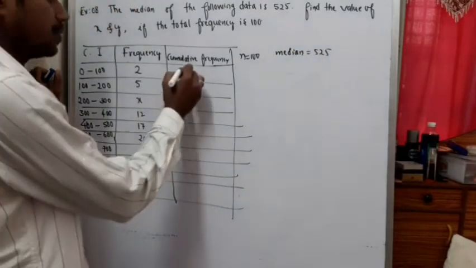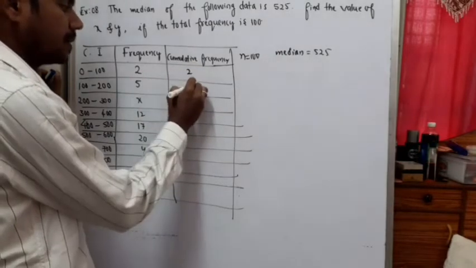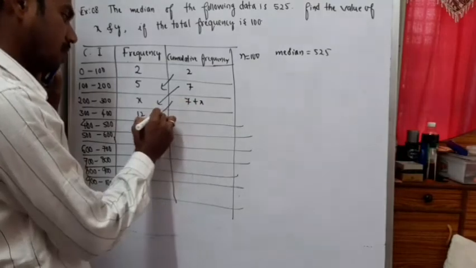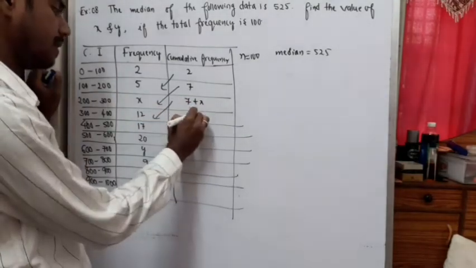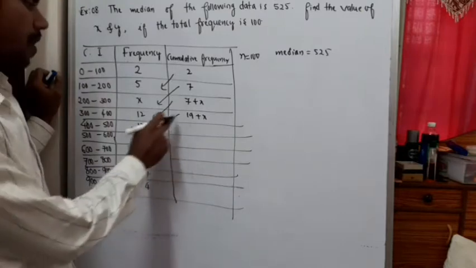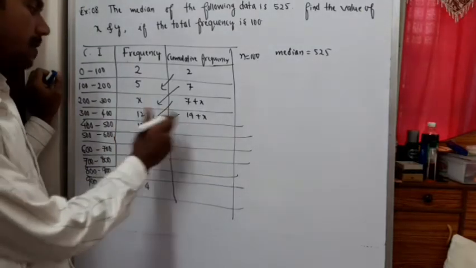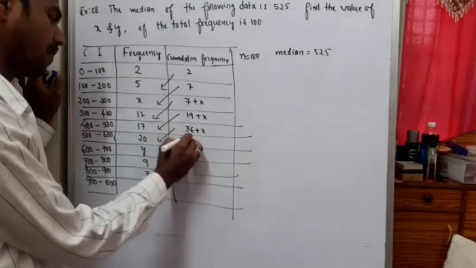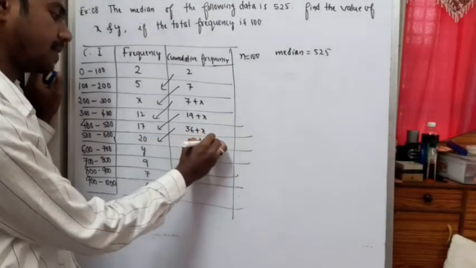How will we find it? So 2 plus 5 is nothing but 7. 7 plus x. 7 plus 12, 19 plus x. 19 plus 17. So give 1 to it. It will become 20 plus 16, 36 plus x. So 56 plus x.